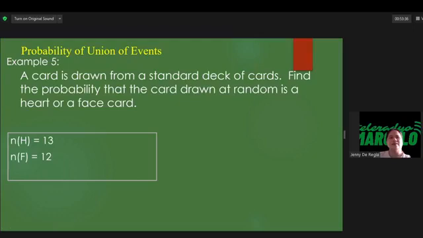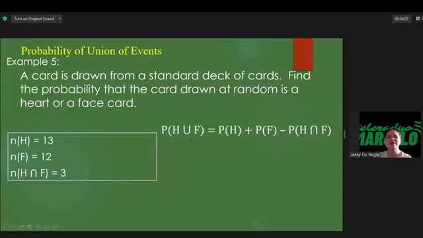So we have King, Queen, Jack of Hearts, of Spades, of Diamonds, and then Clover. So 12. So the number of set of elements of H intersection F is equal to 3.